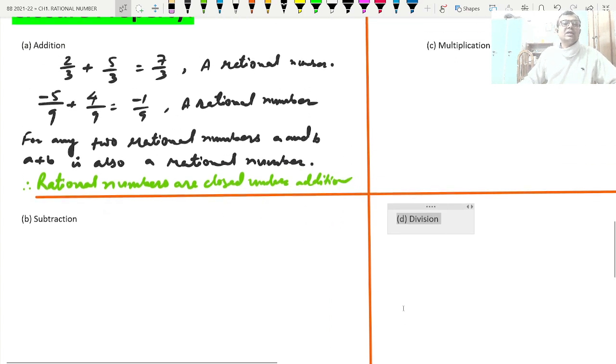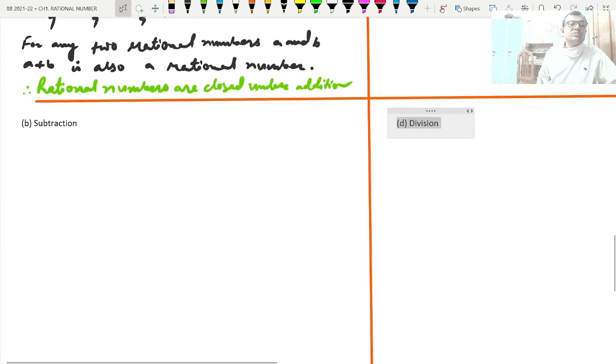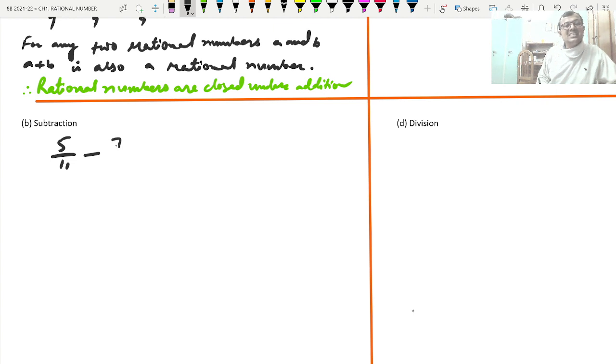Now let us take subtraction. Suppose you take 5 by 11 minus 7 by 11, how much is it? Minus 2 by 11. Is it a rational number?